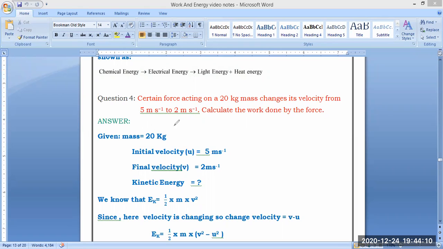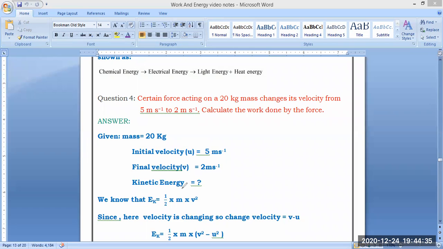So let us write the given terms here. Given mass is equal to 20 kg, the initial velocity of the object is 5 meter per second and the final velocity is 2 meter per second. We need to calculate the work done by the force, that is kinetic energy.